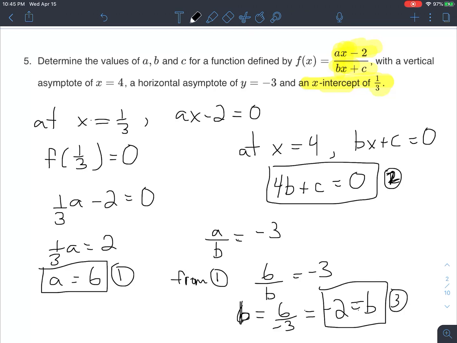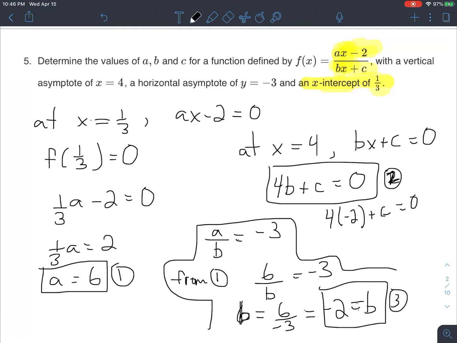And then we've got this 4b plus c equals 0 over here. Well, I know what b is now. So 4 times b, which is negative 2, plus c equals 0. And this is starting to get a little bit messy. Let me try to section these guys off.